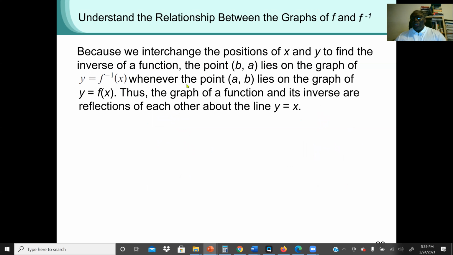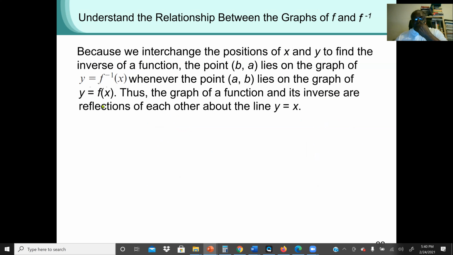Now, because we can interchange the position of x and y to find the inverse of a function, we can also say that the point (b, a) lies on the graph of y equals f inverse of x whenever the point (a, b) lies on the graph of f(x).